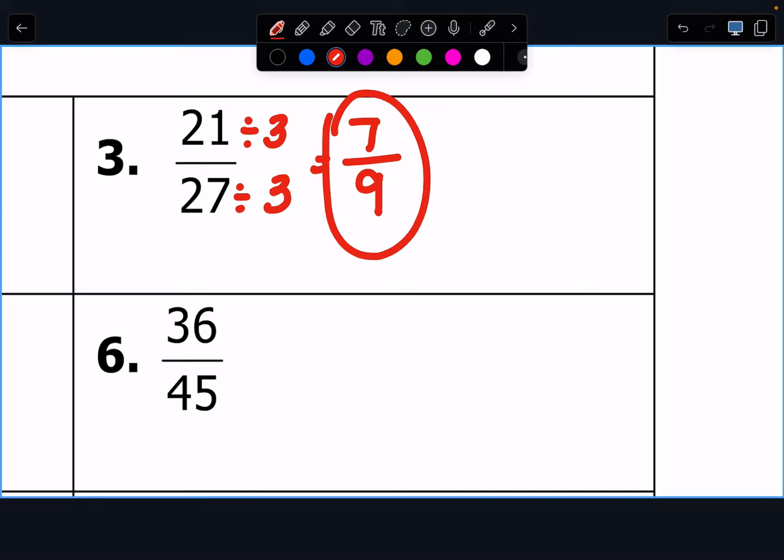So that's not 9. It's 2. Right, Miss? Why not 4? 4, 8, 12, 16, 20, 24. Oh, you can do 4. Or you can do 6.